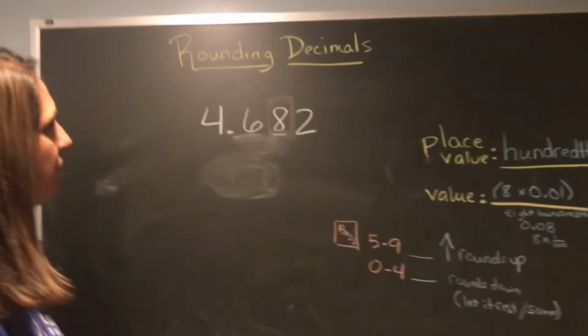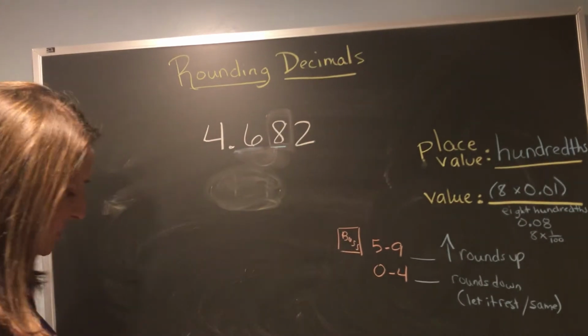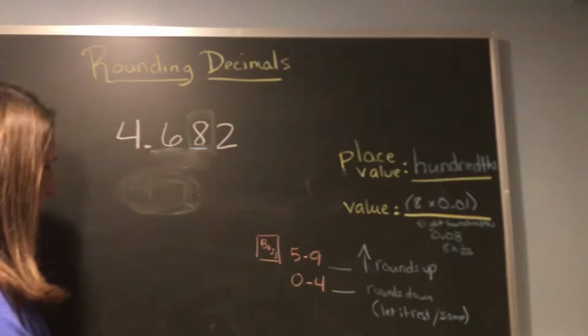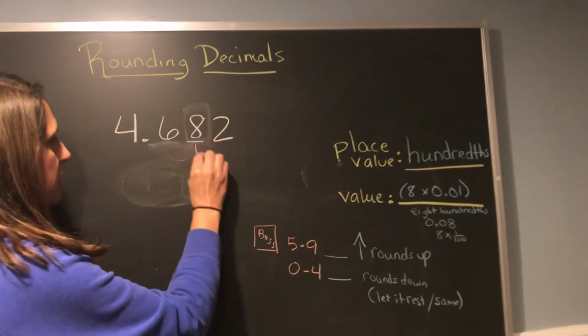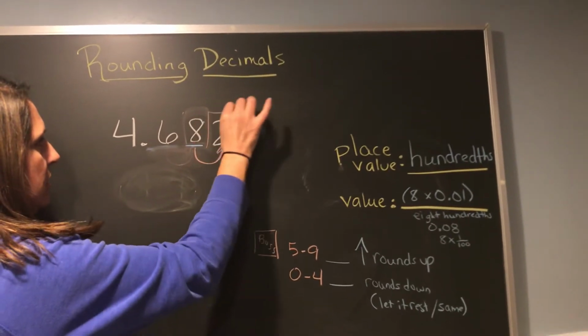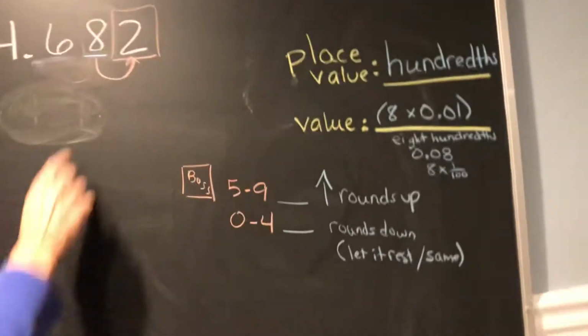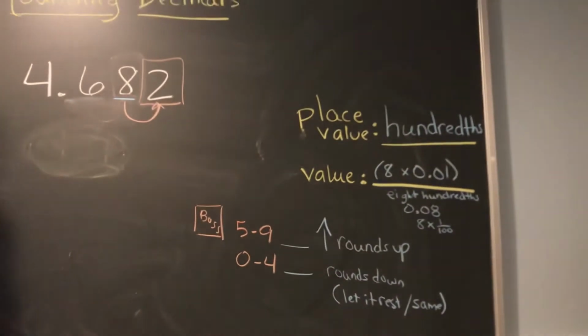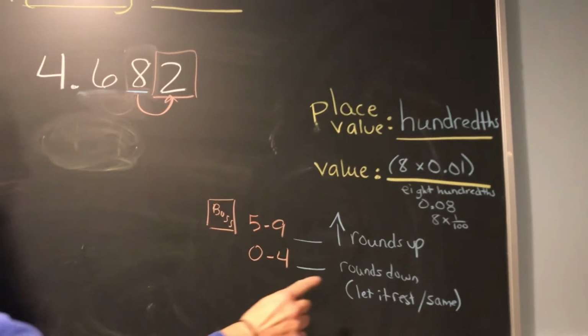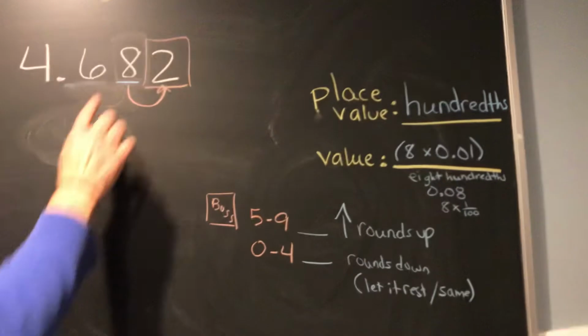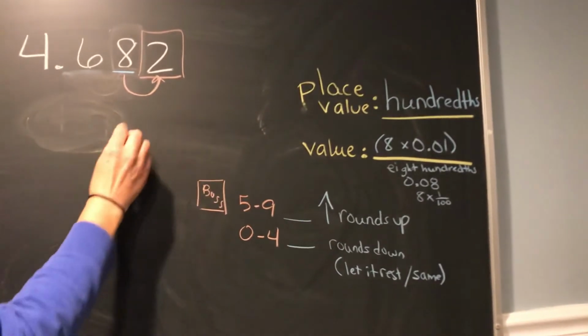Okay, so if we're going to round it to the hundredths place, same rules. Find the place you're rounding to. Look next door to check what to do. So the 2 is the boss. You go down to your rules. Since 2 is between 0 through 4, we're going to round down, so the 8 stays the same.